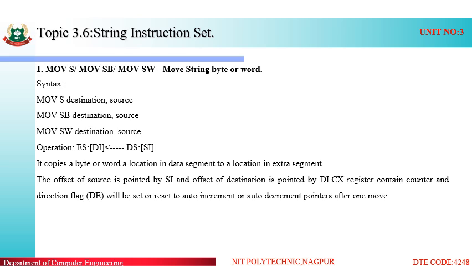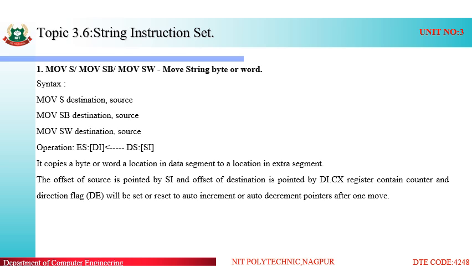This we have seen in the architecture of 8086. The segments which are used to store the string are the data segment and extra segment, whereas index registers are used to store the index.